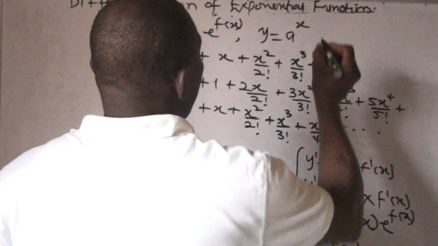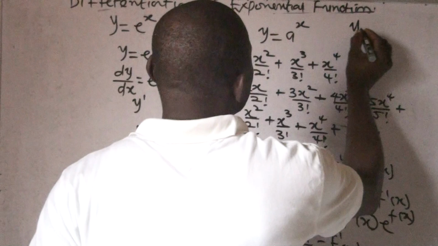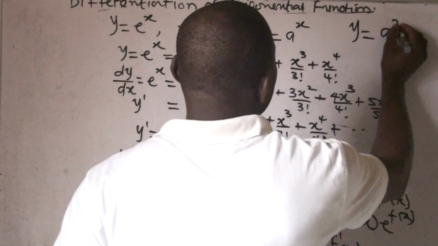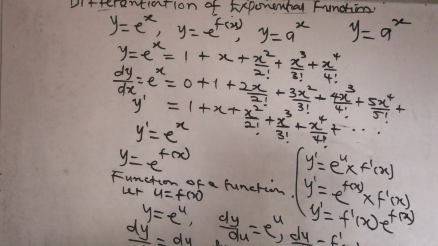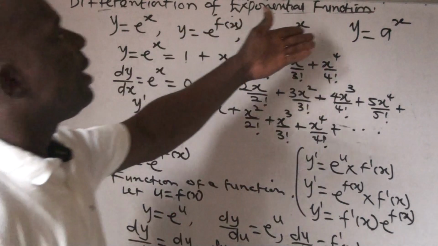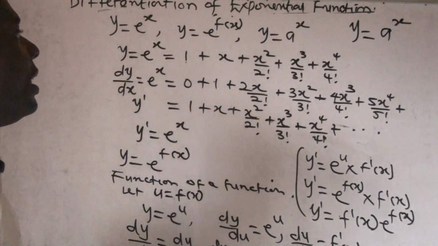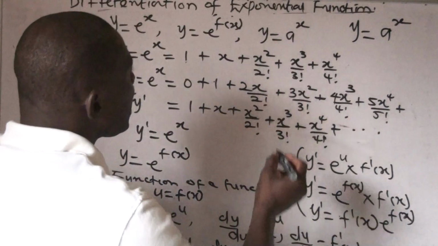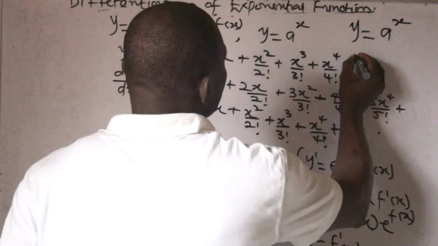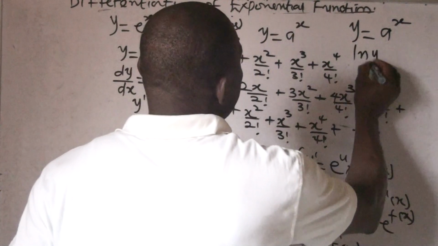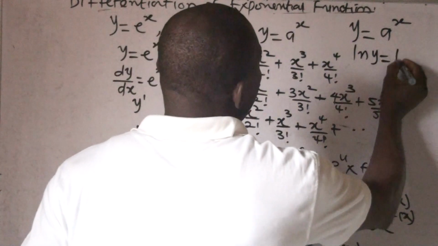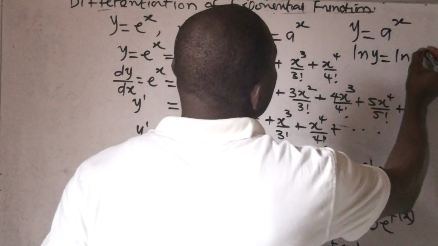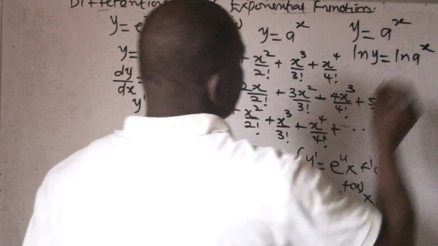We have here that y is equal to a raised to the power x. Then how do we find the derivative of a function of this nature? We have to do some transformation here. First of all, we take ln, the natural logarithm, of both sides. That means ln y is equal to ln a raised to the power x.